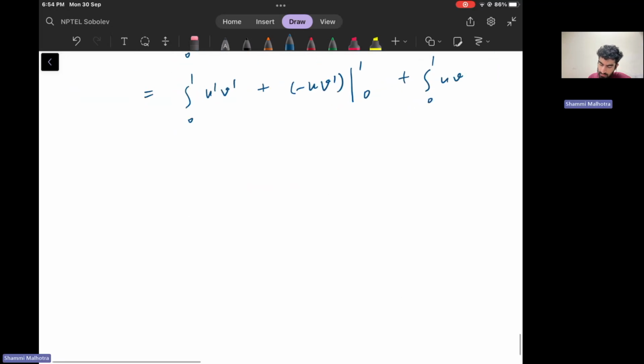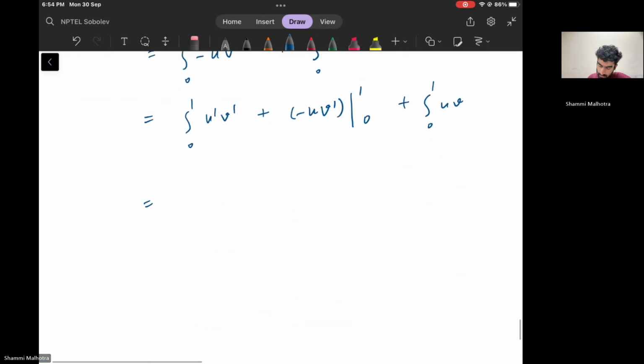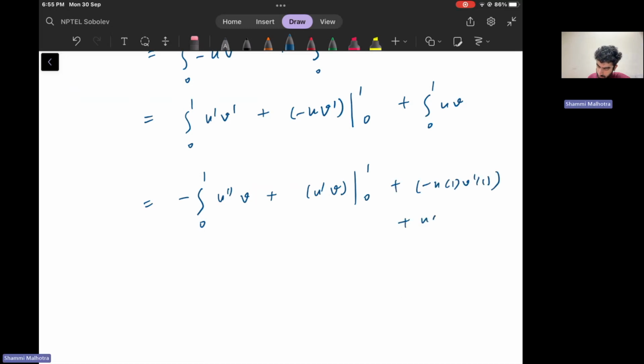This is actually integration 0 to 1. So I have to transfer the derivative to u only. My bad. So it's minus integration 0 to 1 of u double dash v plus u dash v from 1 to 0, plus minus u1 v dash 1 plus u0 v dash 0, and then integration 0 to 1 of uv.